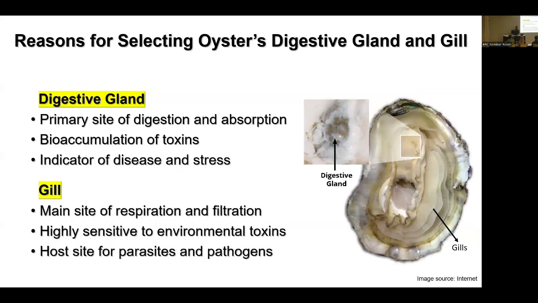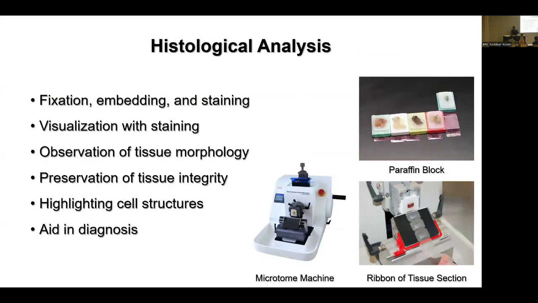The reason why we took 2 specific organs for my experiment in oysters: number 1 is the digestive gland, very important for digestion in oyster, and another important organ in oyster is the gills, very important for the filtration of water. So these 2 specific organs I used for my experiment. Basically, I performed histological analysis, and here is a representation of the histological analysis method.